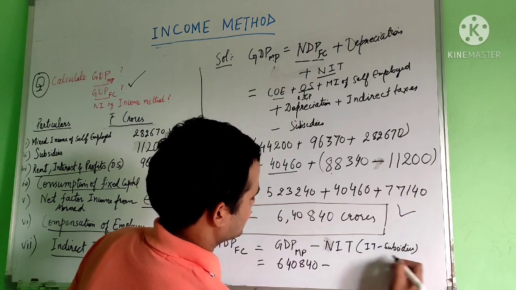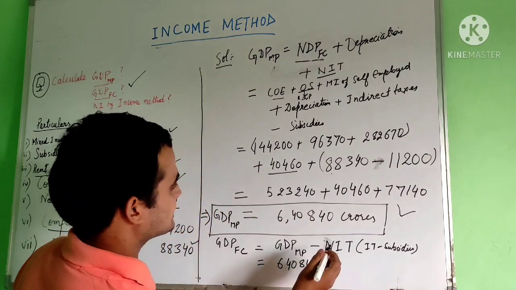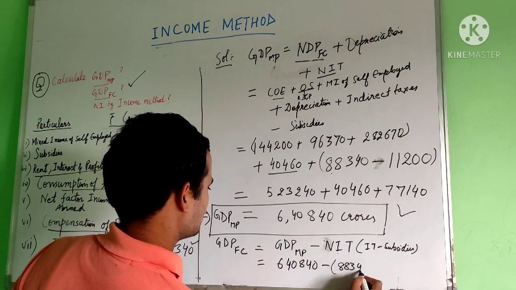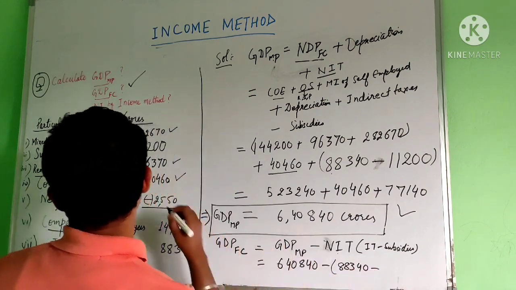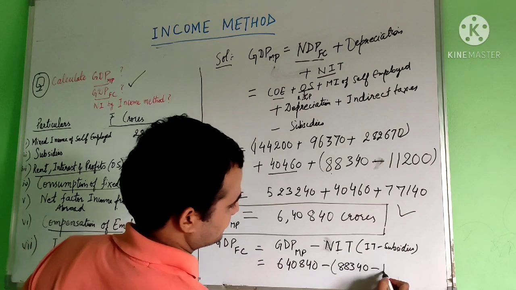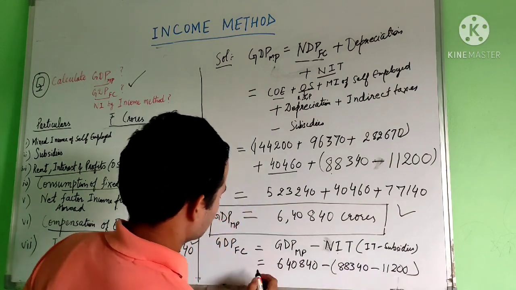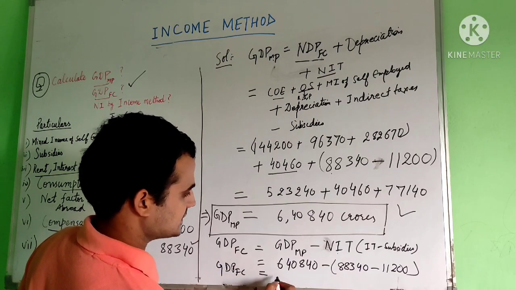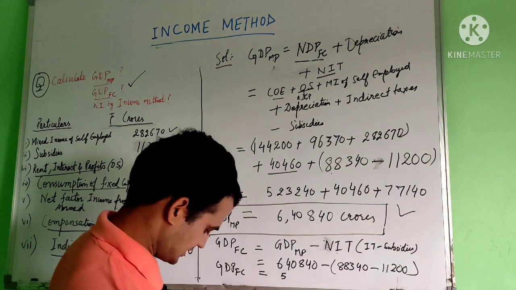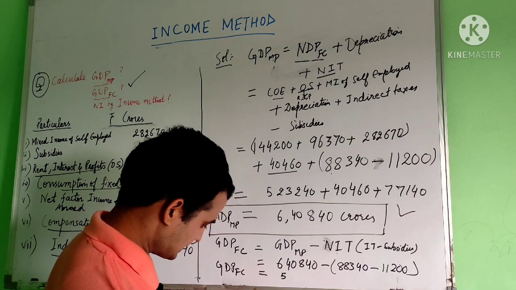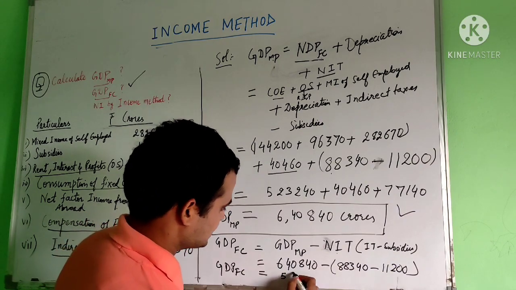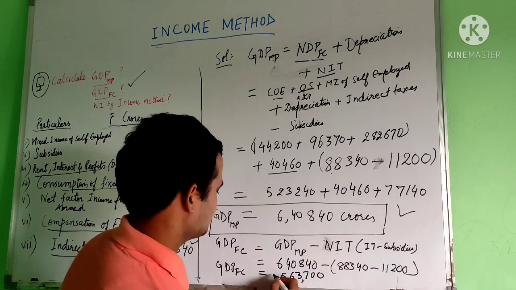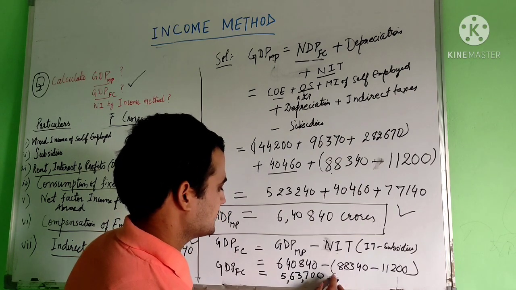What is indirect tax? Indirect tax is 88,340 minus subsidies 11,200. By solving it, GDP at factor cost is 5,63,700 crores.